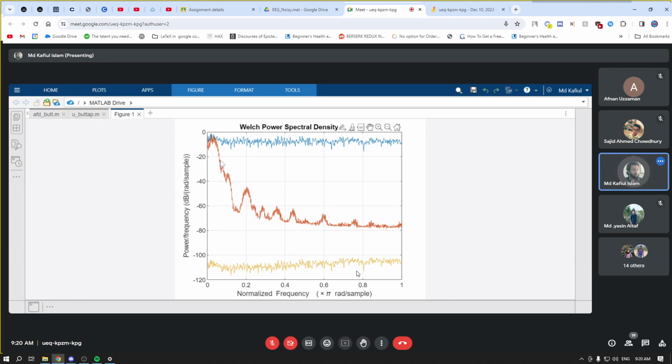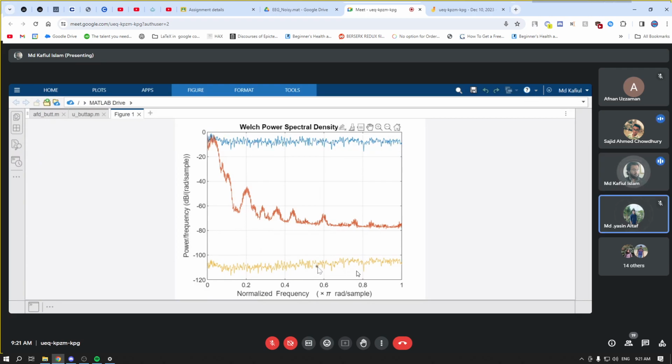These two we are already familiar with, and this is your filtered signal. Now, don't you think that the characteristics of the filtered signal seem to be very similar to this one?